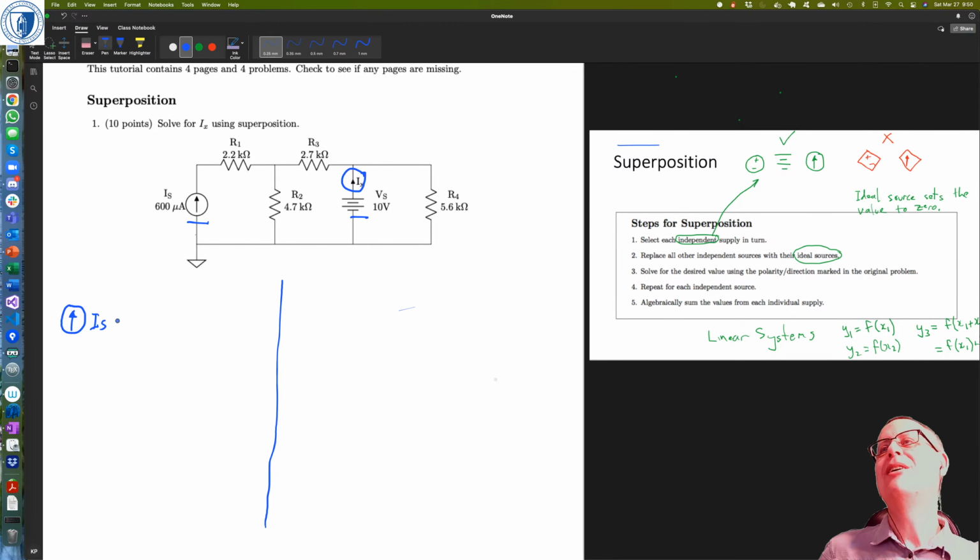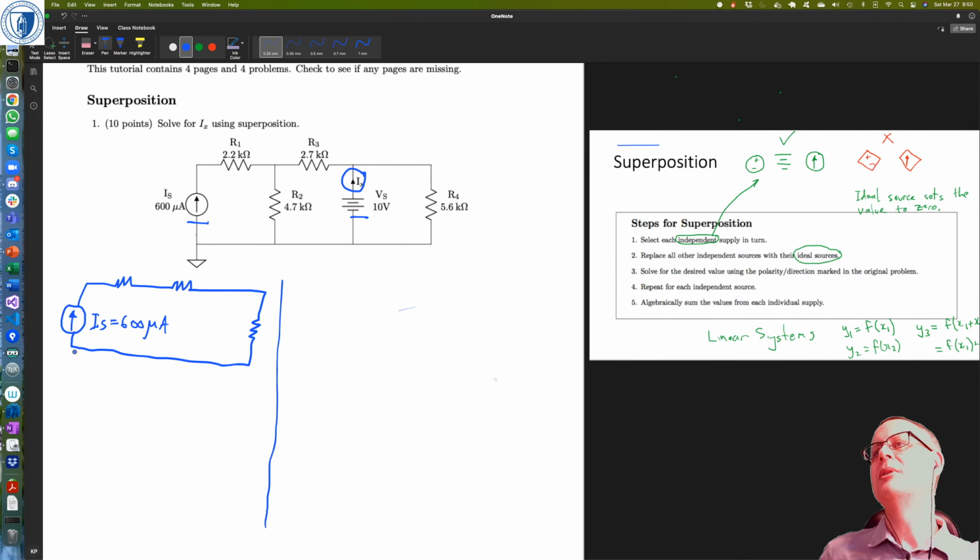So IS is 600 microamps, right? And we have a resistor, and then all the way over here we have another resistor. And just so we don't forget, we have a ground there.